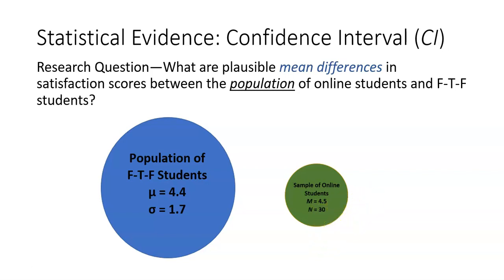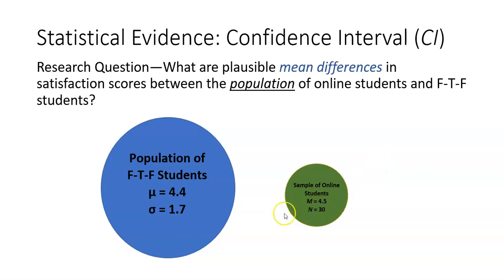If it doesn't represent the population perfectly, which is likely, what's the range of plausible values for this mean difference? We hope it's 0.1, but if the sample doesn't represent the population perfectly, it might be quite a bit higher than 0.1, or quite a bit lower than 0.1.